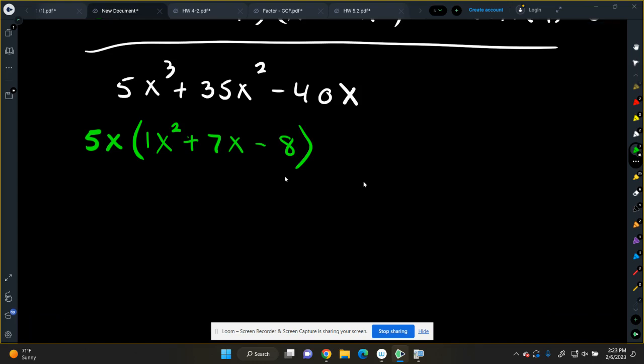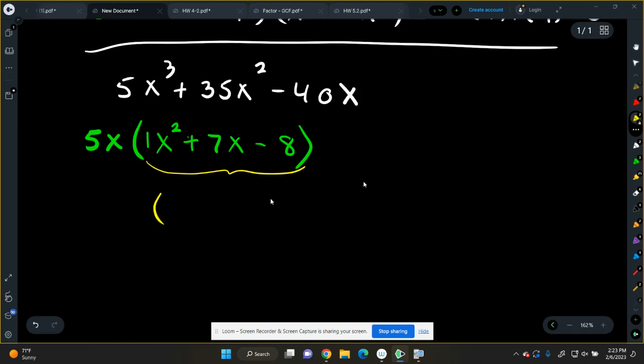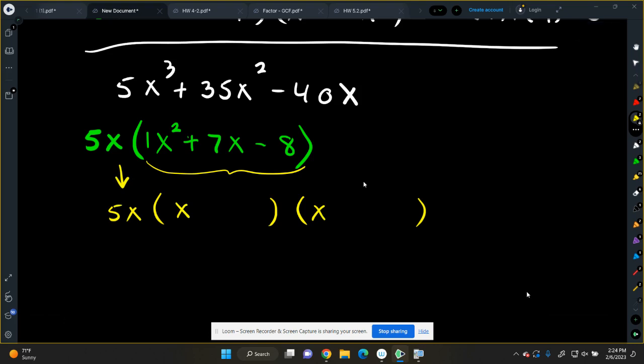Okay, now we're going to factor what's left inside the parentheses. So we're going to make 2 sets of parentheses, put an X in each one, and don't forget about this 5X. All right, this time I'm looking for 2 numbers that multiply to equal -8.